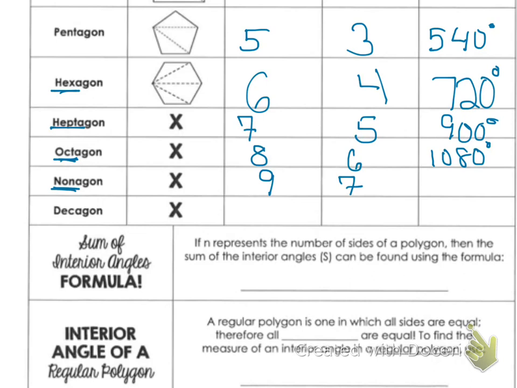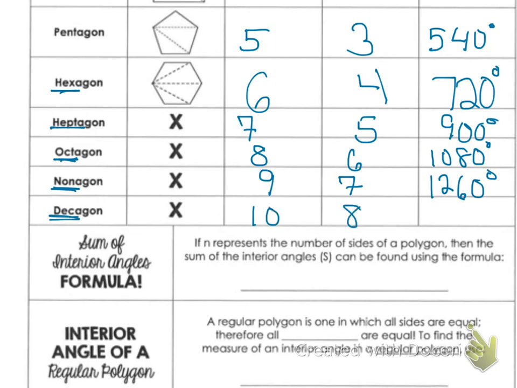Nonagon, like 9, has 9 sides. 7 triangles are inside of it, and all right, and we have 1,260 degrees. All right, deca means 10, so we have 10 sides.